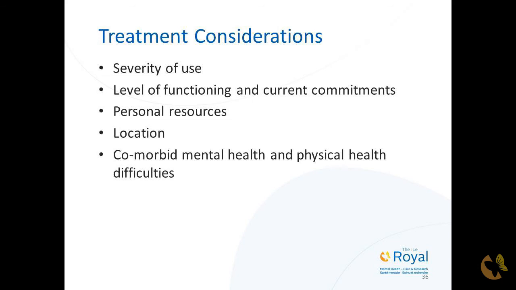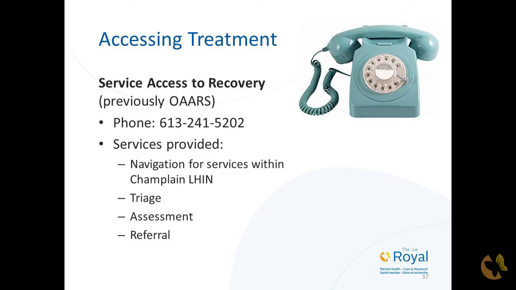Now, how do we access this stuff? I just listed off a number of different treatment options and different types of treatment institutions. This is a really important phone number for people to have. This is Service Access to Recovery, not R as in the Royal. It was previously called ORS.